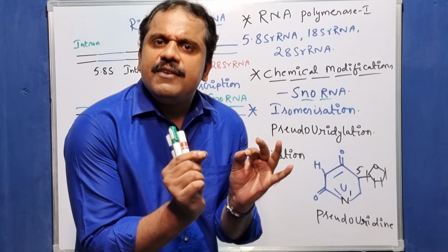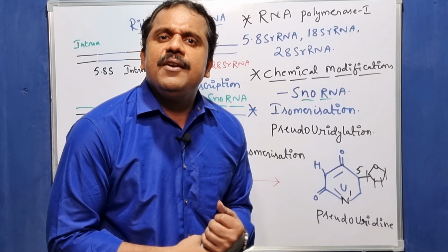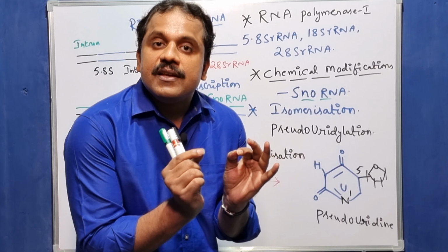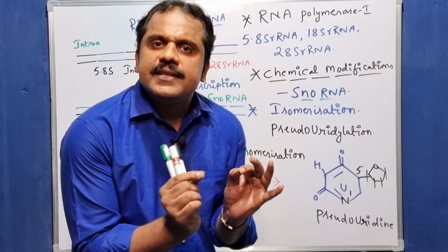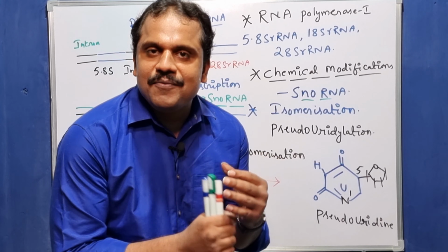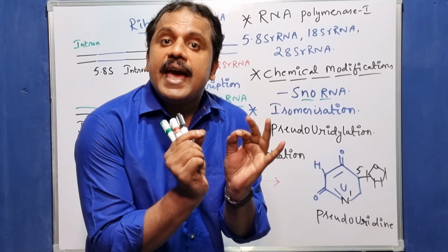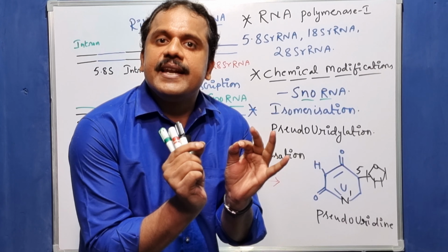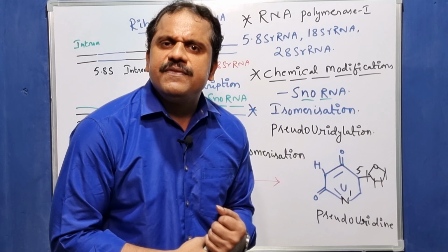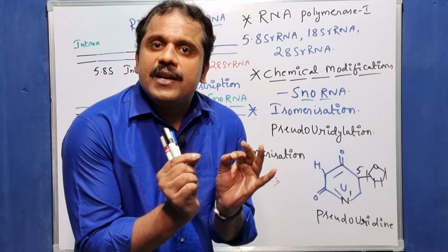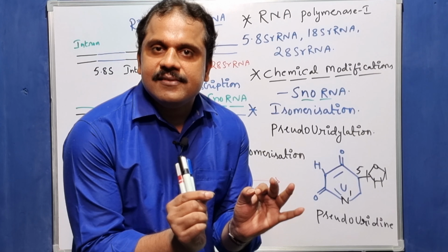In order to cleave the specific introns, certain endonucleases come into the picture. Once the introns undergo chemical modification by snoRNA, they act as a hotspot for certain endonucleases. Now the endonucleases are capable of recognizing and cleaving the specific introns.